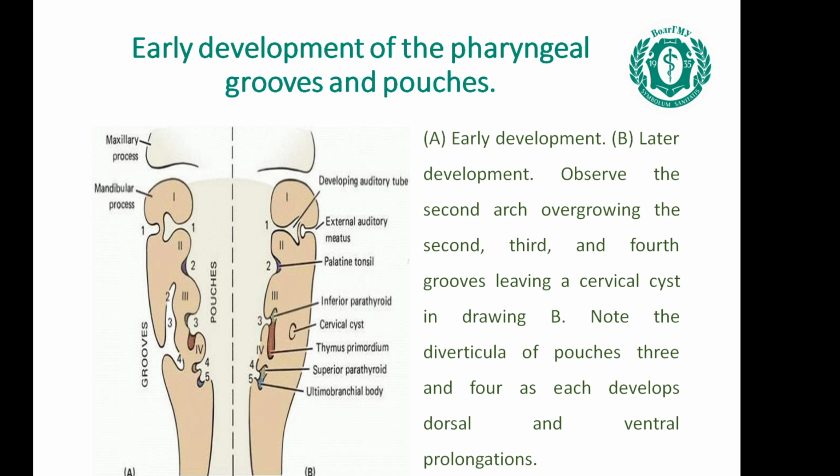The left part of the picture demonstrates early development, and the right part of the picture demonstrates later development. Observe the second arch overgrowing the second, third, and fourth grooves, leaving the cervical cyst in drawing B, of course. Note the diverticula of pouches 3 and 4 as each develops, dorsal and ventral prolongations.